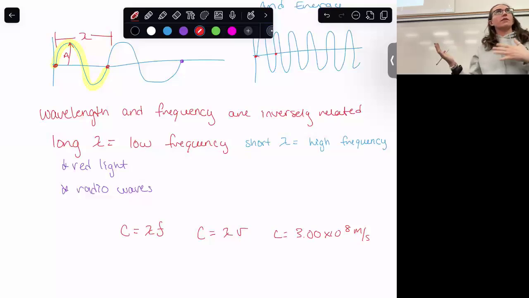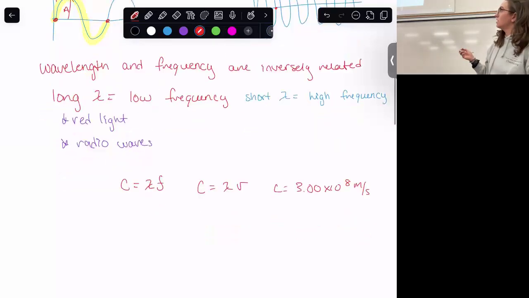So if you know the wavelength, you can always find the frequency because you can relate it to the speed of light. The speed of light might be given to you as like 2.998 on your formula sheet. Use that one. 3 will get you the correct answer every time, but on an exam or on a quiz, use the number that's given to you on your reference sheet.